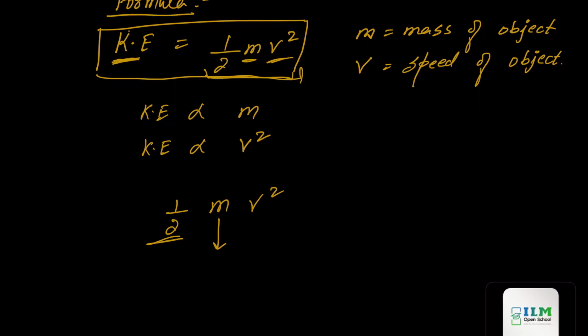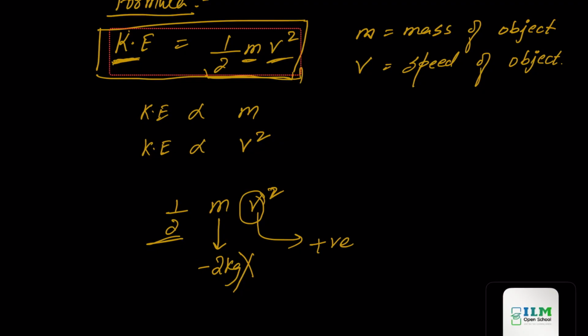Half is positive. Mass is always positive, we can't say it is minus 2 kg. Velocity, or speed, whatever its value, is squared, and whenever we take the square of any value, it will be positive.